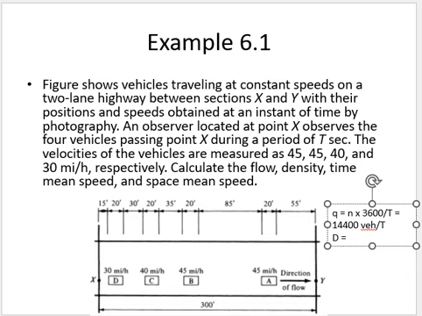Total 300. So the density will be how many vehicles? 4.